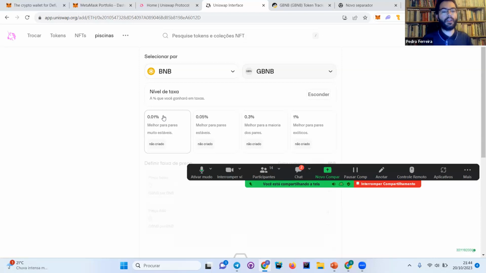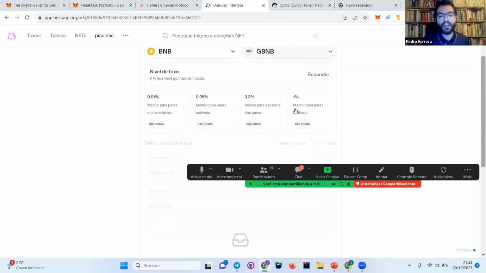Why for stable coins? Because stable coins do not vary a lot in price. So you don't need a lot of liquidity, because there will always be people there to provide liquidity to earn the fees, and the price will not vary a lot. So basically, you don't need to give so much.